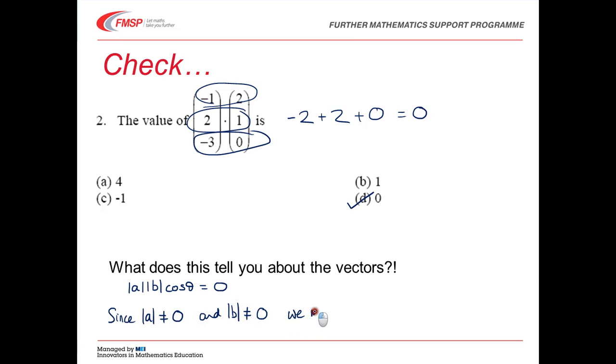So we must have cos theta equals 0, and that means that theta is 90 degrees. In other words, the vectors are perpendicular. This is a really useful result, and we'll look at it again in a minute.